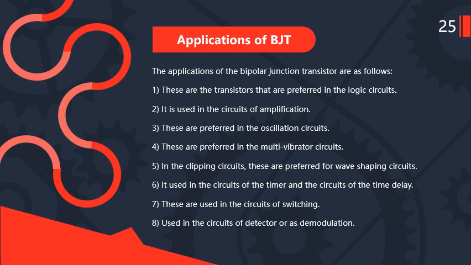In clipping circuits, they are preferred for wave shaping circuits also. They are used in timer circuits and time delay circuits. Number 7, they are used in switching circuits, and also used in detector or demodulation circuits. So these are the applications of BJT.